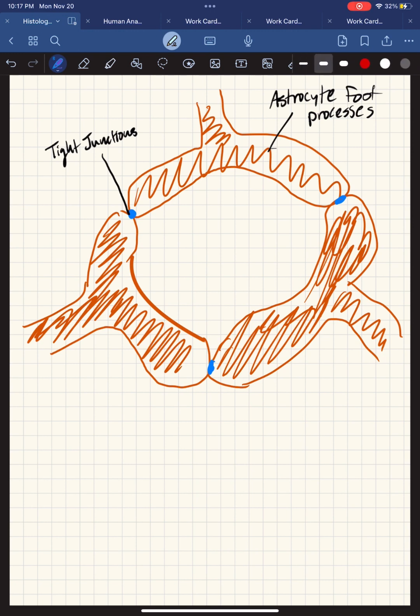If we go interiorly, we actually have this kind of structure. It's called a capillary lumen. And that takes up the center of this structure.